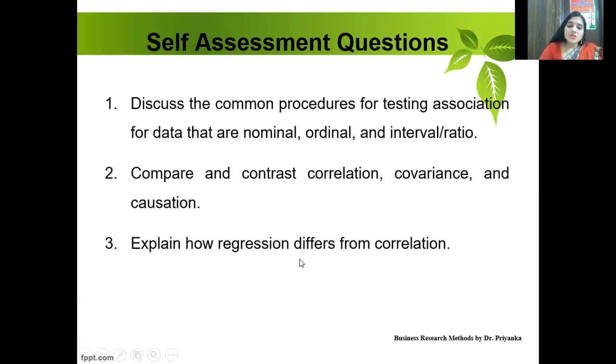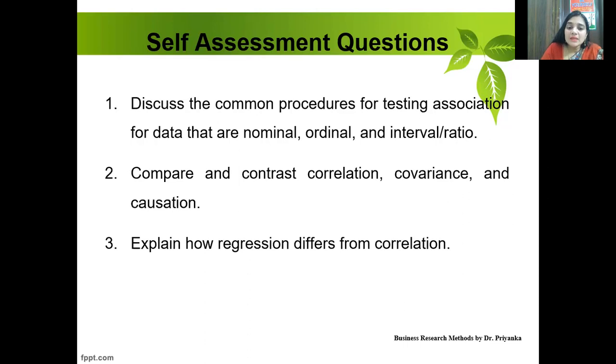Explain how regression differs from correlation. Regression basically is a technique for measuring a linear relationship, a linear association between a dependent and an independent variable. Although simple regression and correlation are mathematically equivalent in most respects, regression is a dependence technique, whereas correlation is an interdependence technique, because it is telling you whether these variables are interconnected or not.